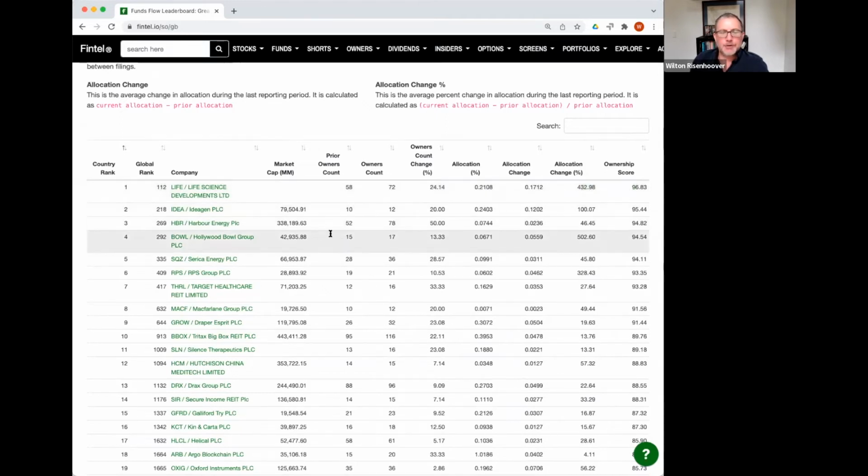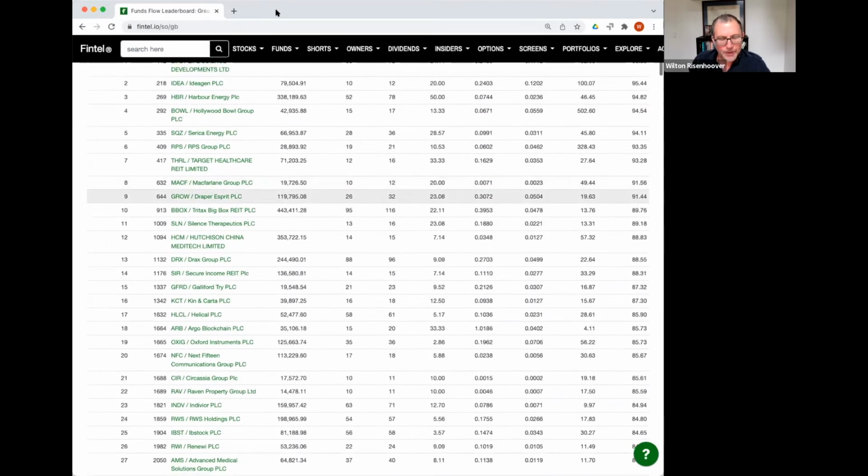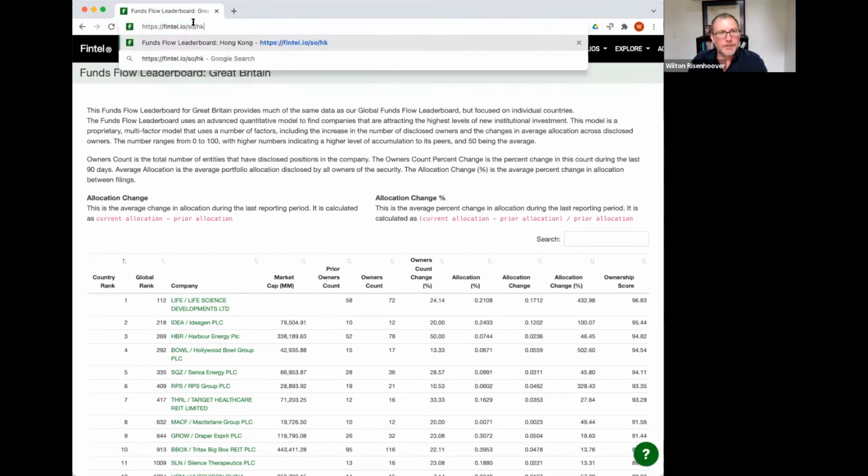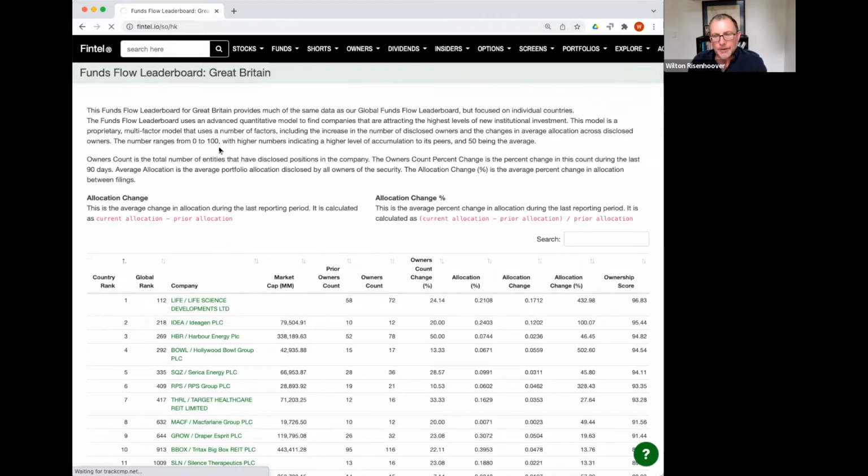So if you're looking for ideas on companies that are being accumulated by funds, you can go to this page, look in the country that you're investing in, sort this however you want, and figure out who's being accumulated and who's not.